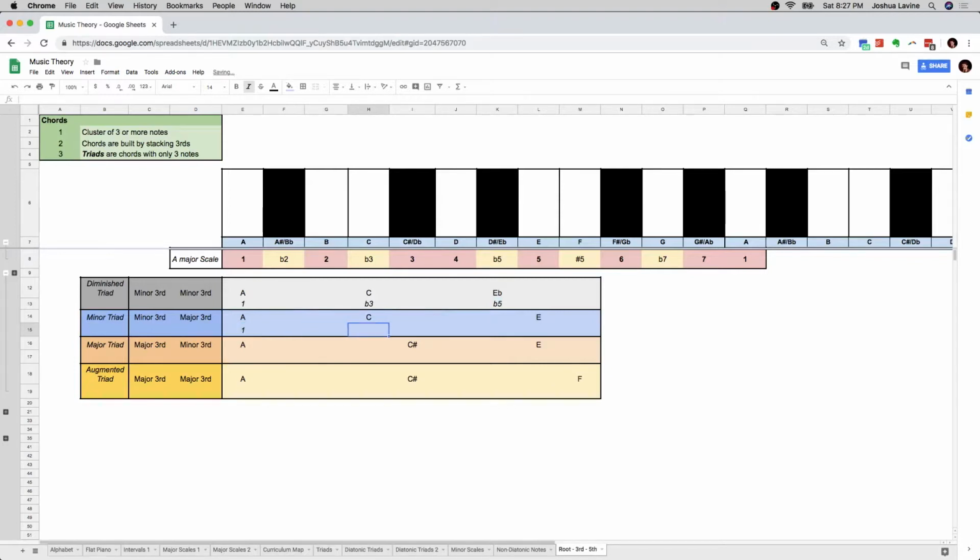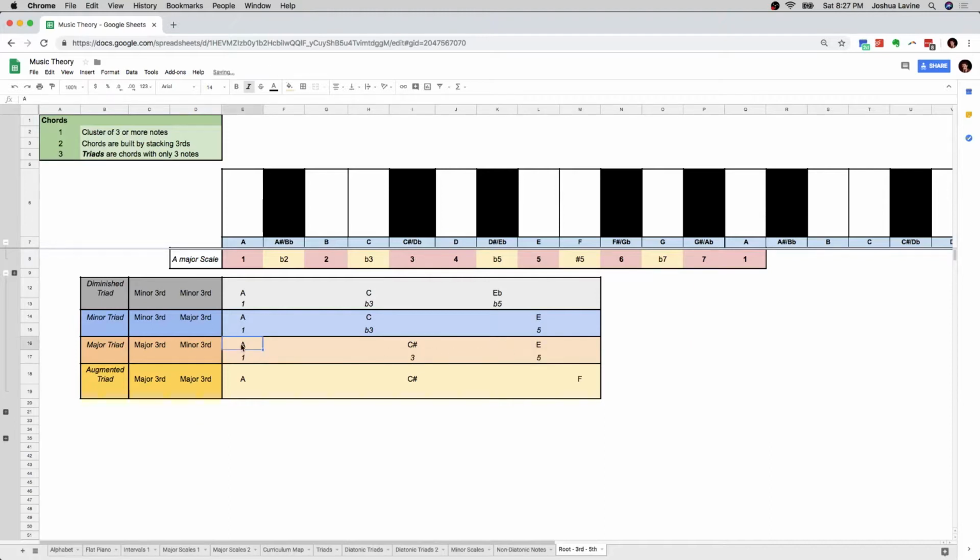We have a 1, we have a flat 3, and we have a normal 5. So the A minor triad is built with a 1, a flat 3, and a 5 in relationship to the A major scale. Now the A major triad has a 1, a normal 3, and of course a normal 5.